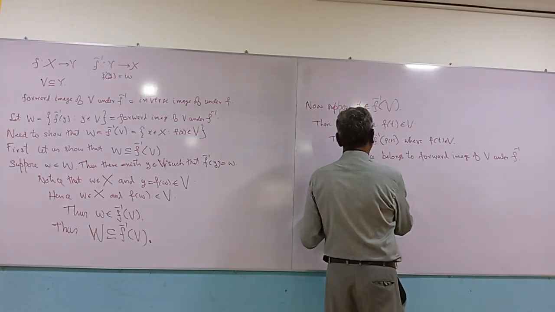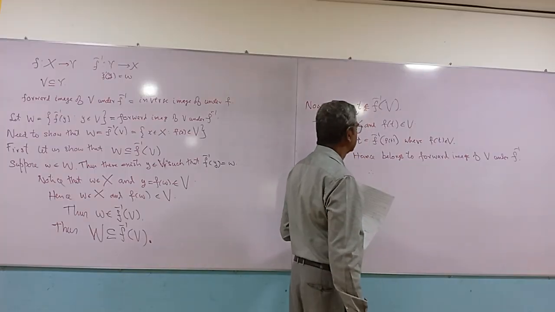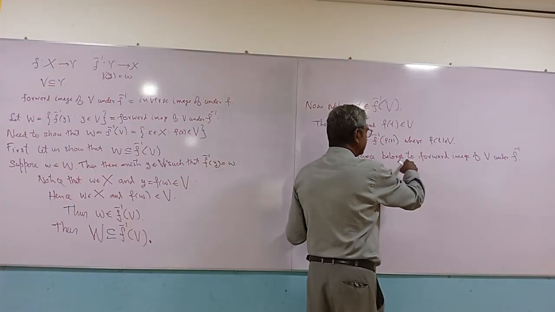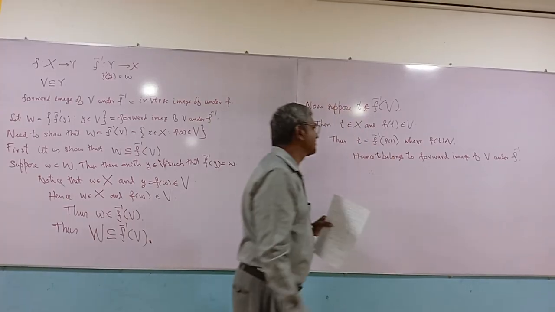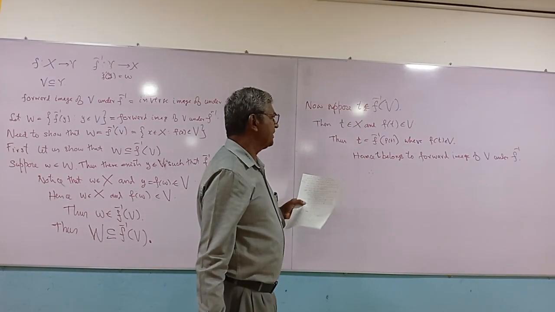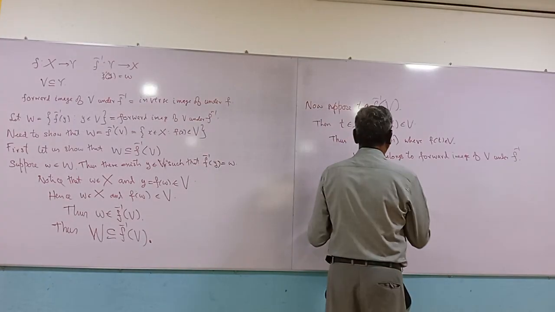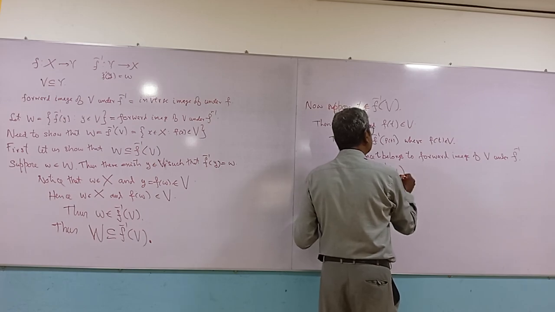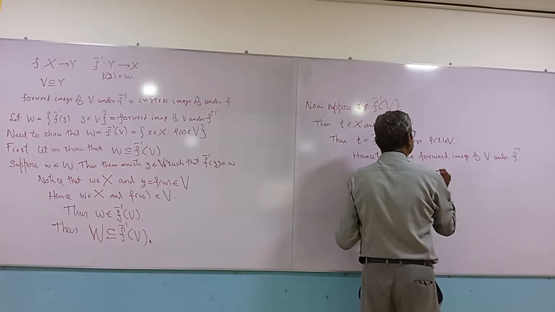Therefore, I began from f inverse v, t belongs to f inverse v, and I am able to show that t belongs to the forward image of v under f inverse. Therefore, f inverse v is a subset of the forward image of v under f inverse.